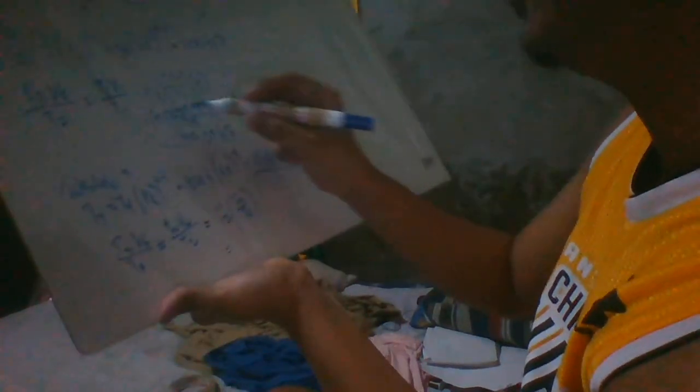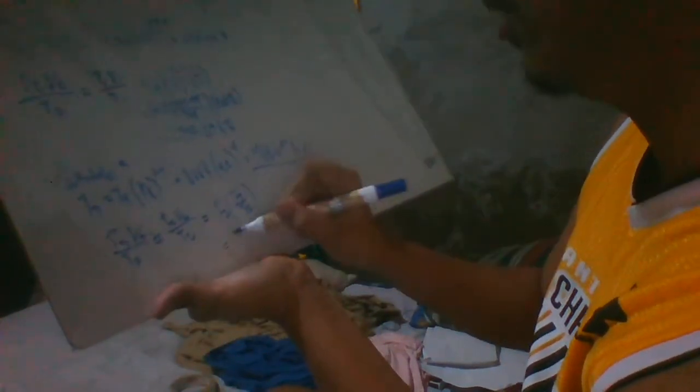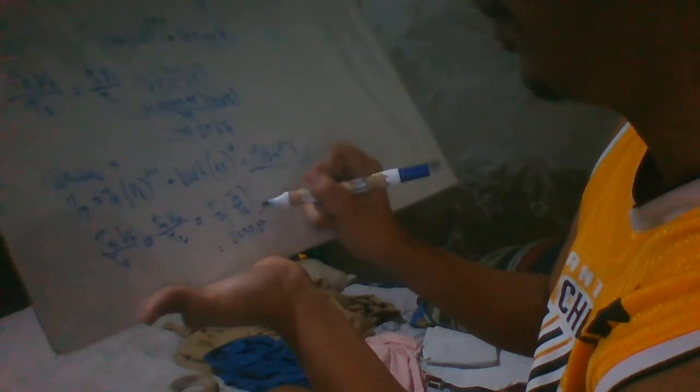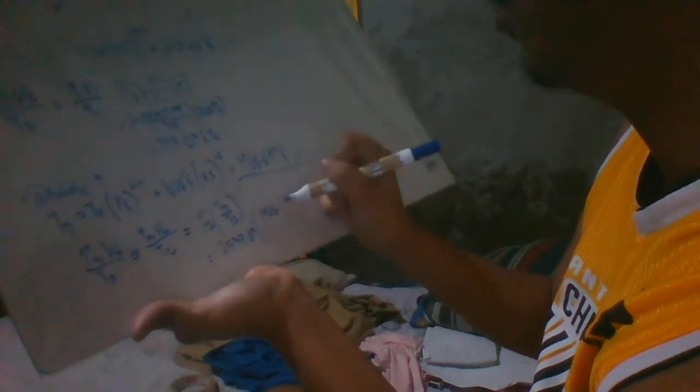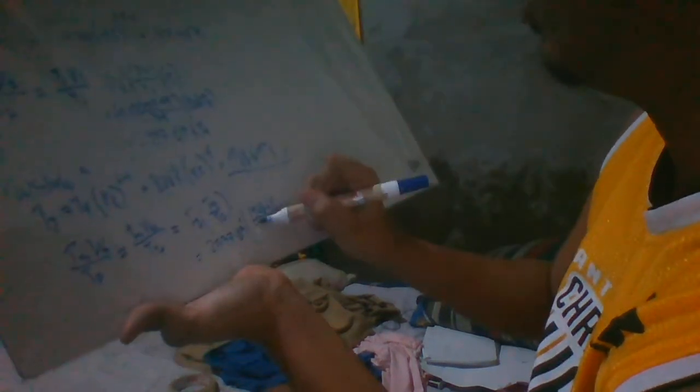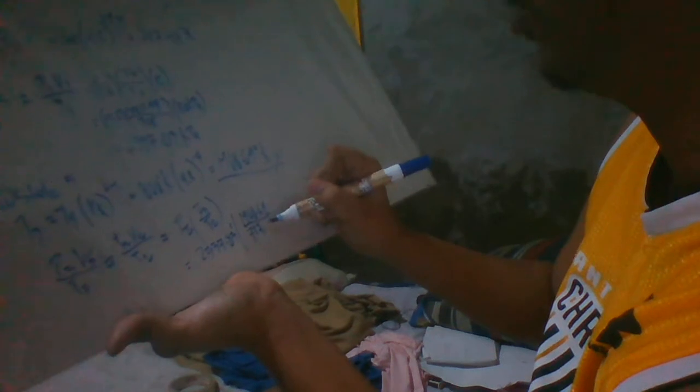Substituting P2, which is 2337.83, times T3, which is 1968.69, over T2, which is 757.94.